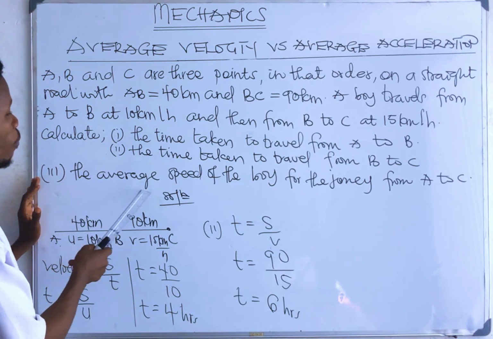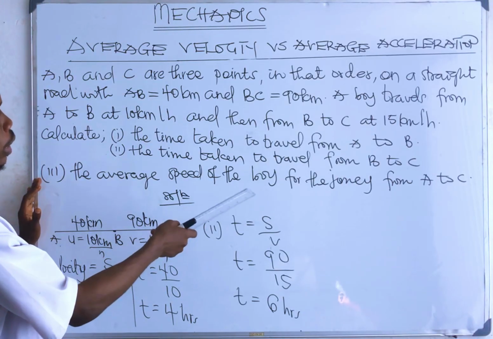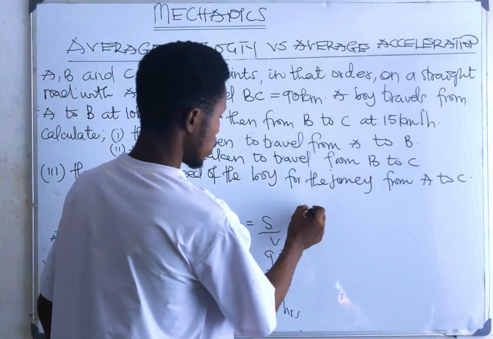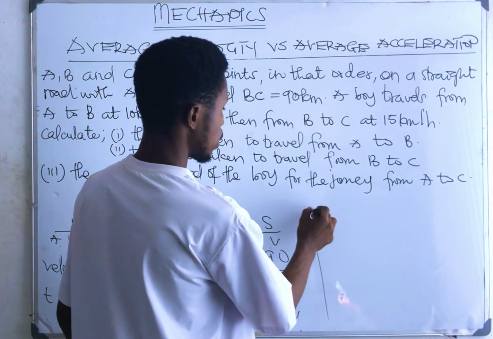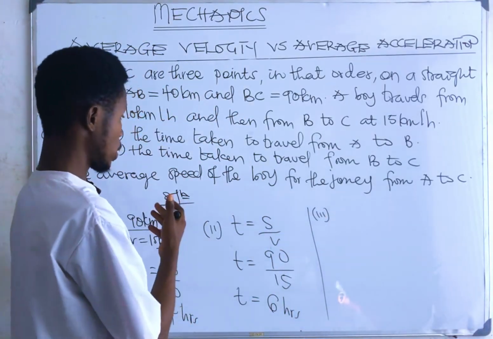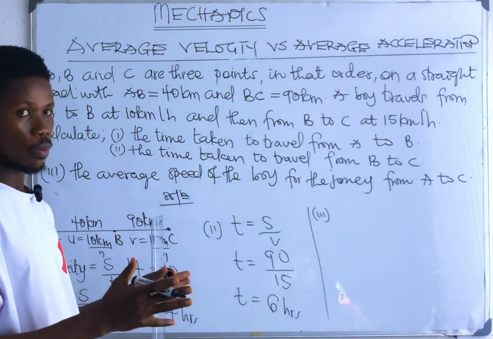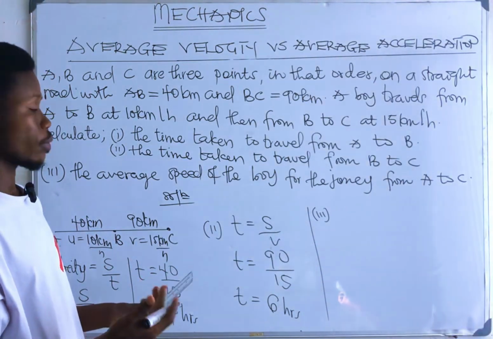Now the next one, the average speed of the boy for the journey from A to C. We can also say average velocity, though speed and velocity have some difference: one is a scalar, one is a vector.